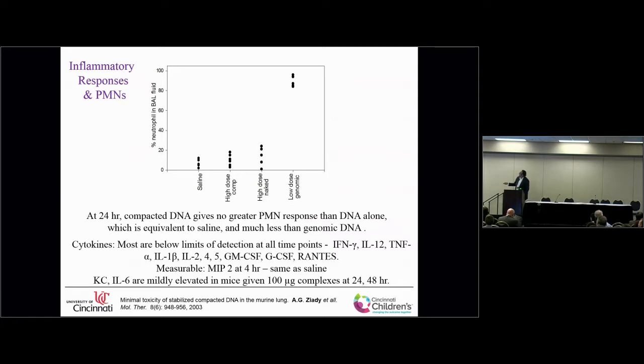And of course, we use a CpG depleted plasmid, so we're really comparing CpG depleted plasmid here to E. coli bacterial DNA. When you look at the cytokine measurements for inflammatory cytokines, we really don't see any significant increases, with the exception of KC and IL-6, which are elevated in mice about 24 and 48 hours after we do the gene transfer.